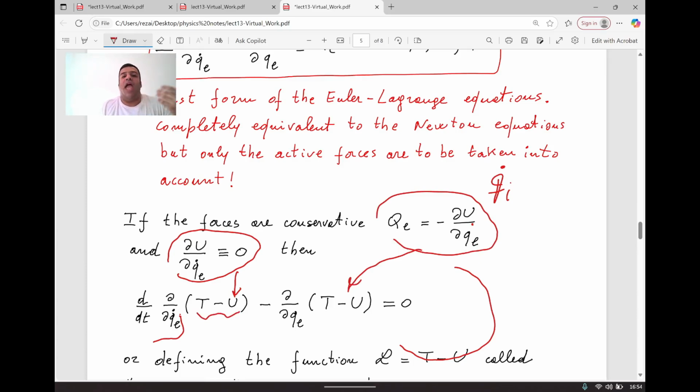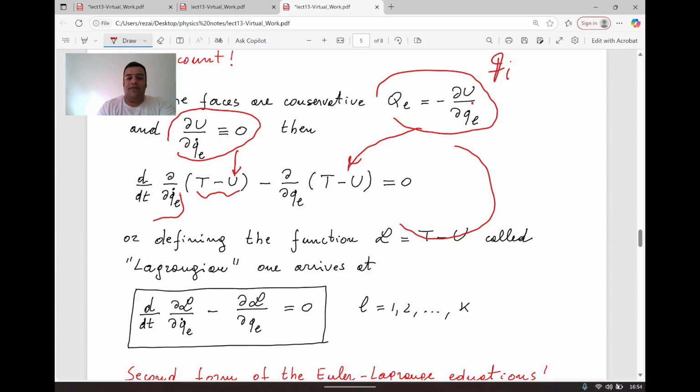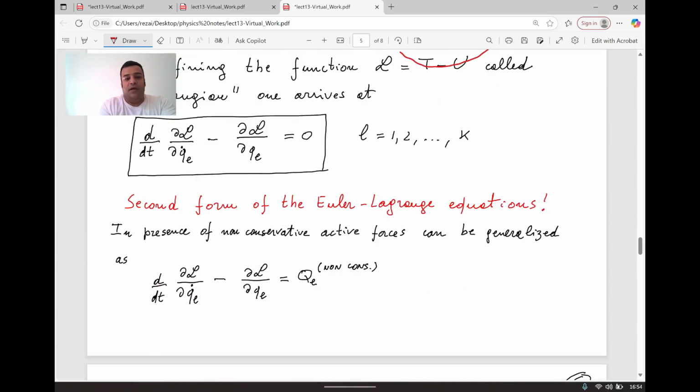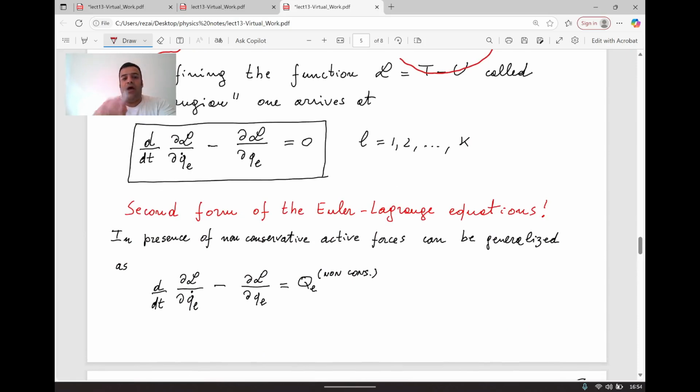And we write this as T minus U, which we call L. What's the meaning of it? It is the Lagrange equation, and our total formula changes to this: d over dt of dL over dq dot i, minus dL over dqi, equals 0. Exactly, that is our formulation for the Lagrange equation when we have no friction.